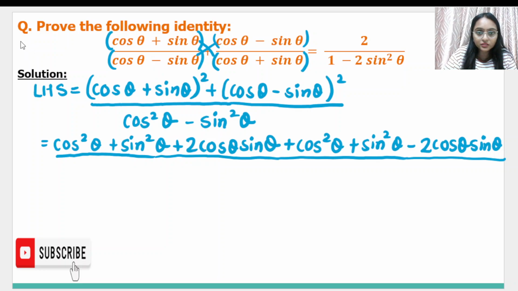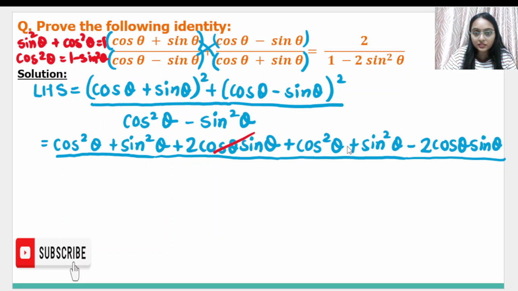So you have this identity sin square theta plus cos square theta equals to 1. So if I want to find the value of cos square theta, it will be 1 minus sin square theta, correct? So here this gets cancelled, and in the denominator you have 1 minus sin square theta minus sin square theta.